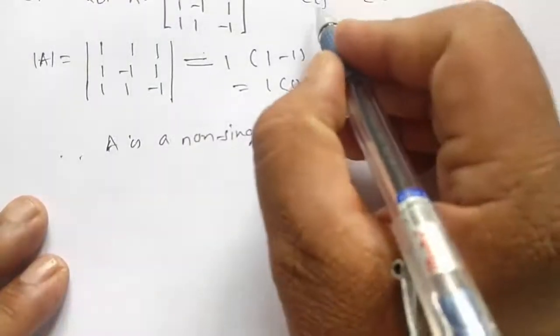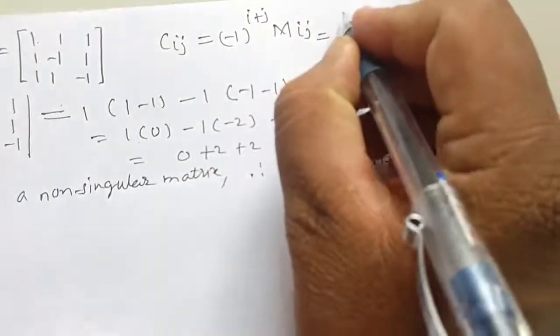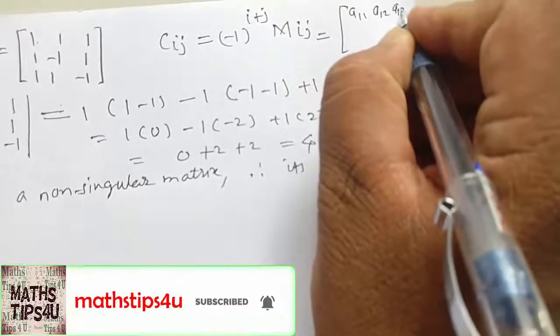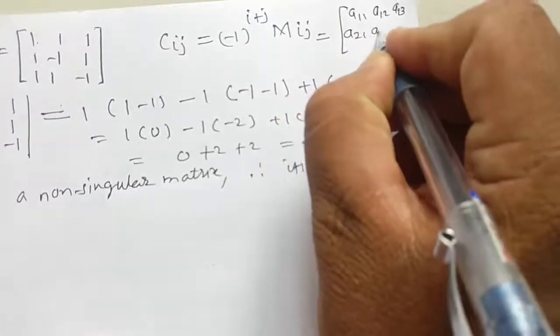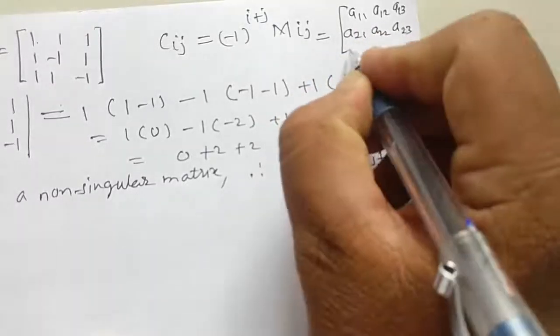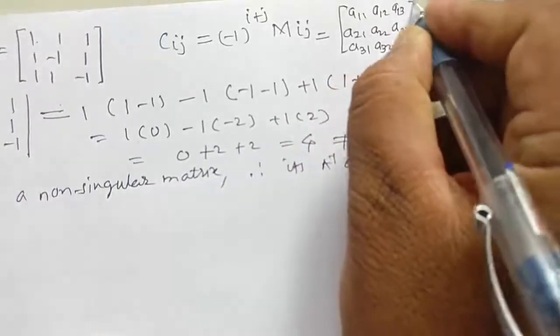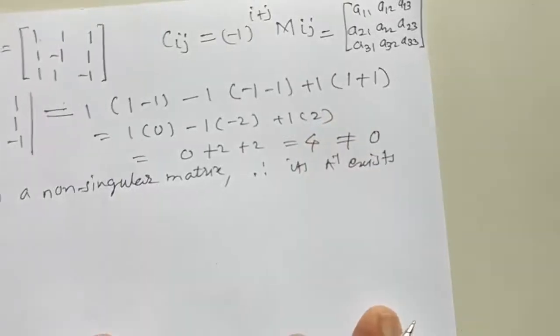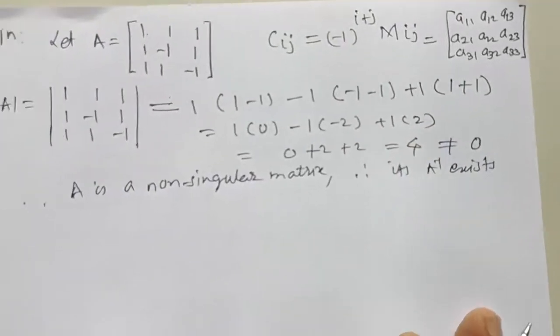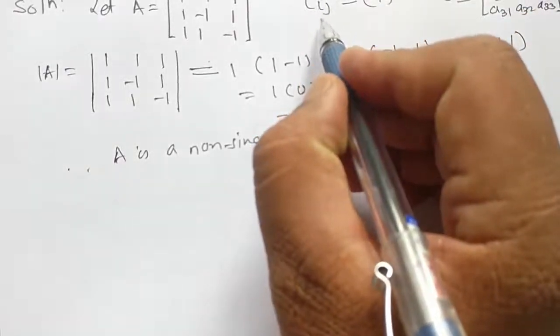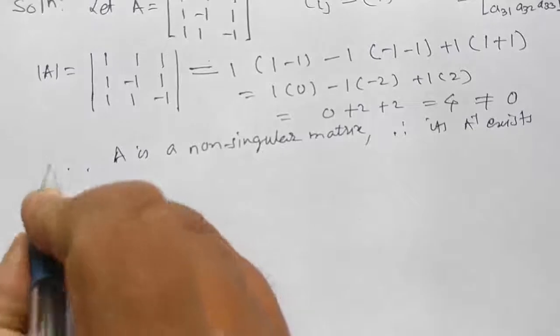So we find the cofactor of each element of this matrix. For reference we write the matrix as A11, A12, A13, A21, A22, A23, A31, A32, A33, so that we know the position of each element in the rows and columns. Therefore, we start finding the cofactor of each element.